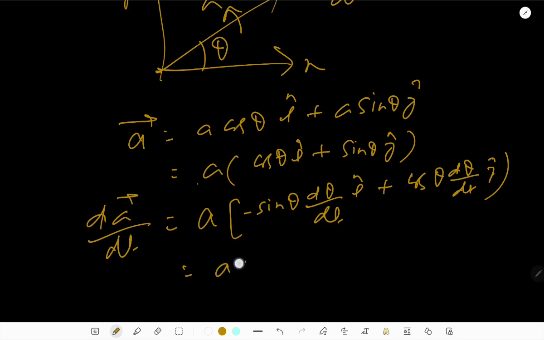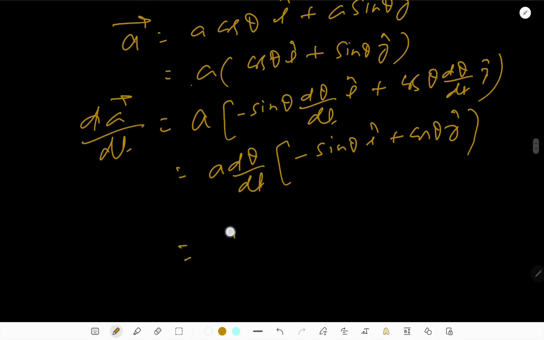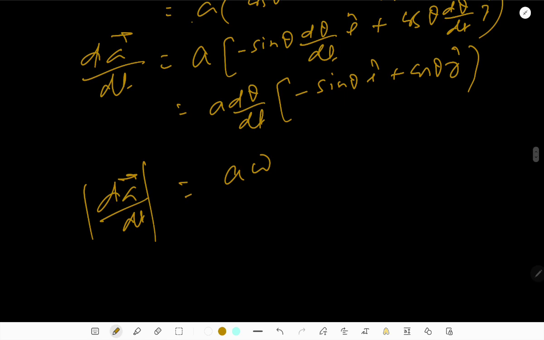So you got here a d theta by dt times minus sin theta i cap plus cos theta j cap, and so this is A omega, and this is a vector that denotes the direction of dA by dt, the unit vector in its direction. So magnitude of dA by dt is simply this A omega, or A d theta by dt.